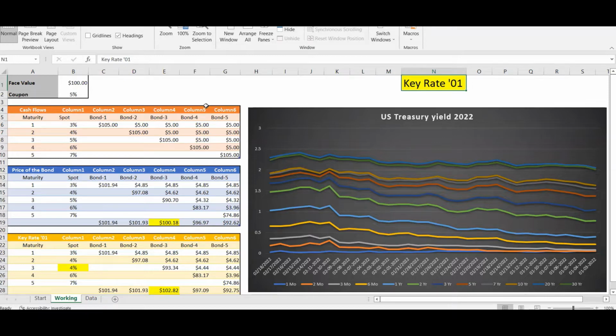If I were to give you a basic understanding of Key Rate Duration, we have studied the DV01. Basically, DV01 is a one bip change: what is the change in the price of the bond from a one bip change in the interest rate? Over there, we assume that there would be a parallel shift across the yield curve, which is a very unrealistic assumption.